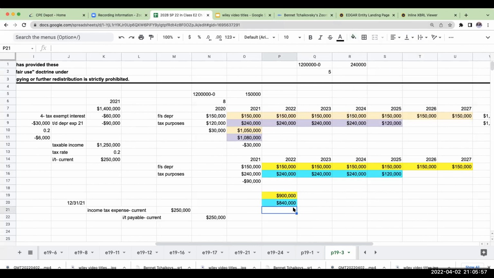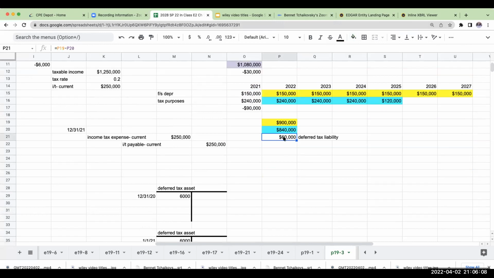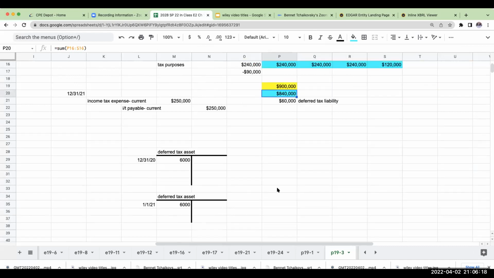So this is going to create a deferred tax liability of $60,000. In the future, I'll have deductions of 900,000, but for tax purposes, I will only have 840. So I'm going to have a deferred tax liability of $60,000.